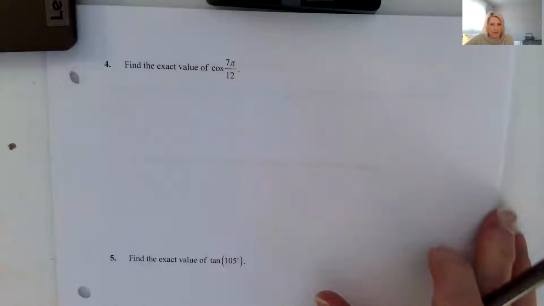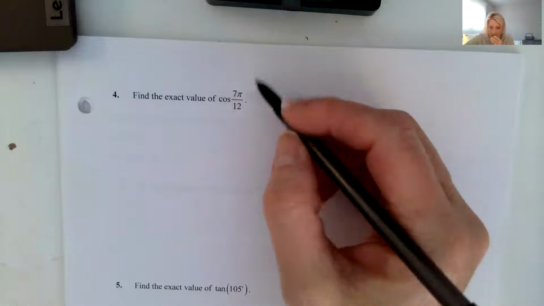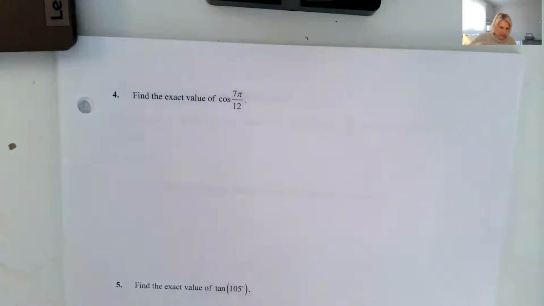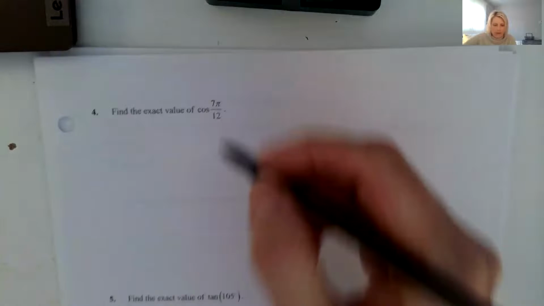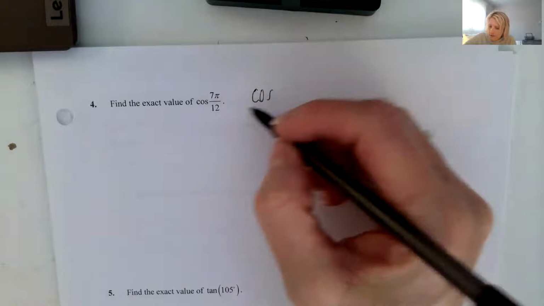Okay, let's look at number 4. Number 4 says find the exact value of cosine of 7 pi over 12. That can be thought of as a sum.